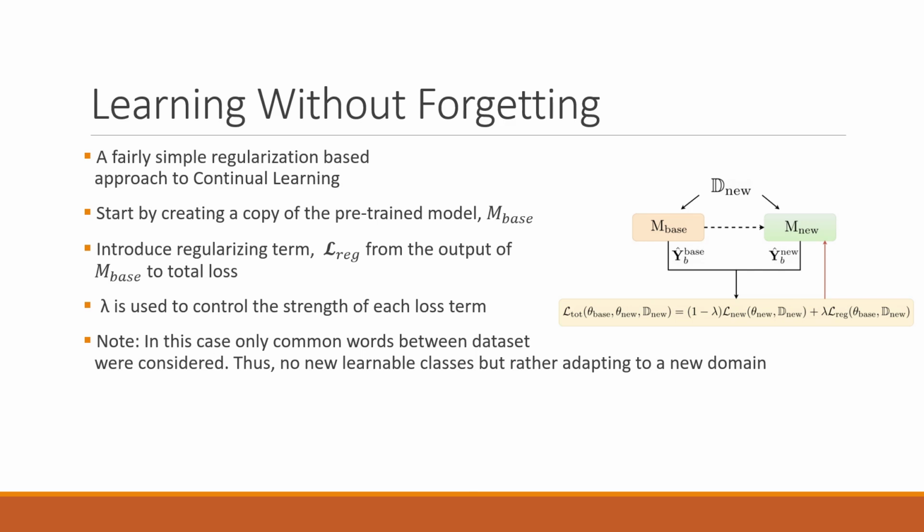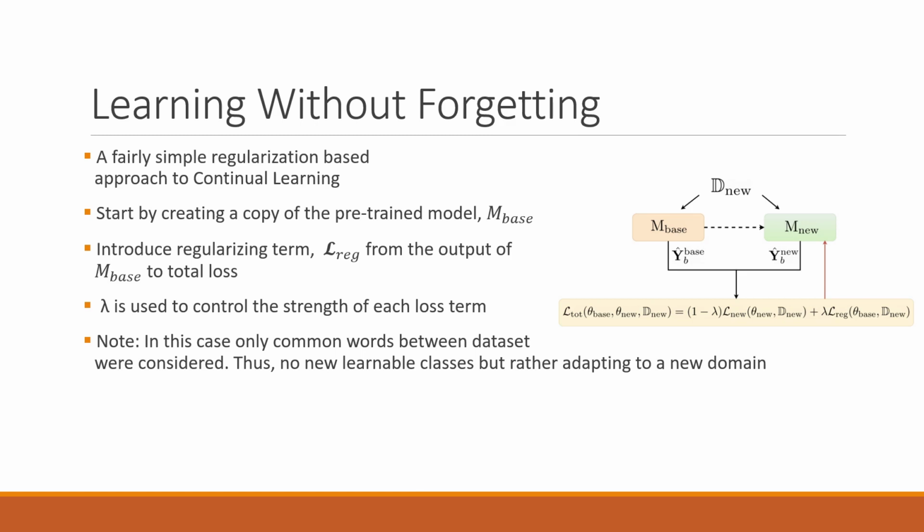Basically, we start by creating a copy of the pre-trained model, and during training with new datasets, we use the output of this copy to calculate an additional regularizing loss, which is used in addition to the normal loss term of the model to keep the knowledge of the copied base model.